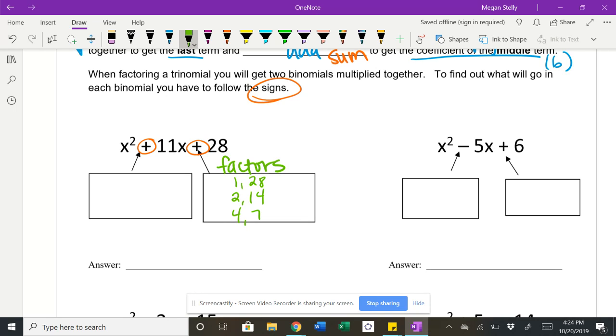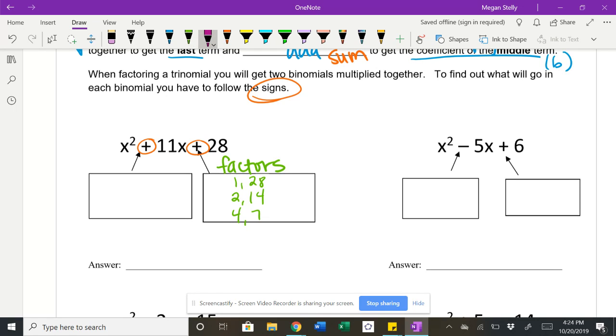Hint, hint, it is going to be easier for you to list them as pairs. 1 times 28 is 28. That's a pair. 2 times 14 is 28. That's another pair. 4 times 7 is 28. That's another pair. List them in order, so don't go from 1 to 4 to 2. List them in order 1, 2, 4.